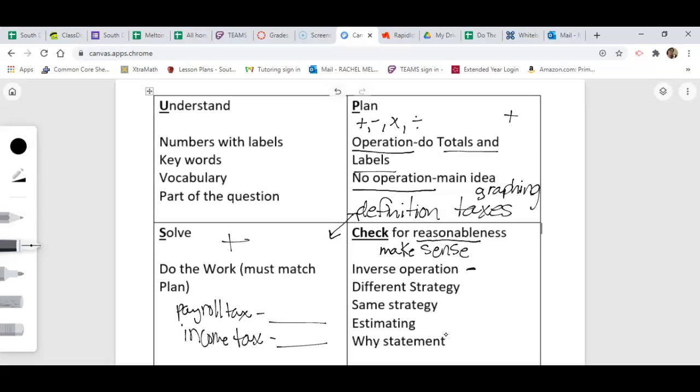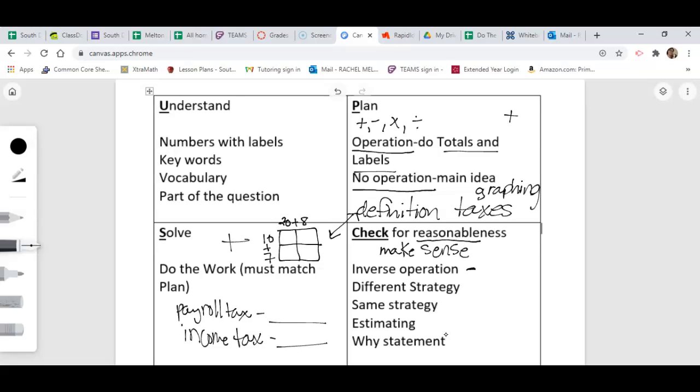They can also do a different strategy. So for instance, let's say I am multiplying. There are many multiplication strategies. So let's say over here for the solve part, I decide to use my partial products or box method for multiplying. So 20 plus 8 and 10 plus 7 is 28 times 17.